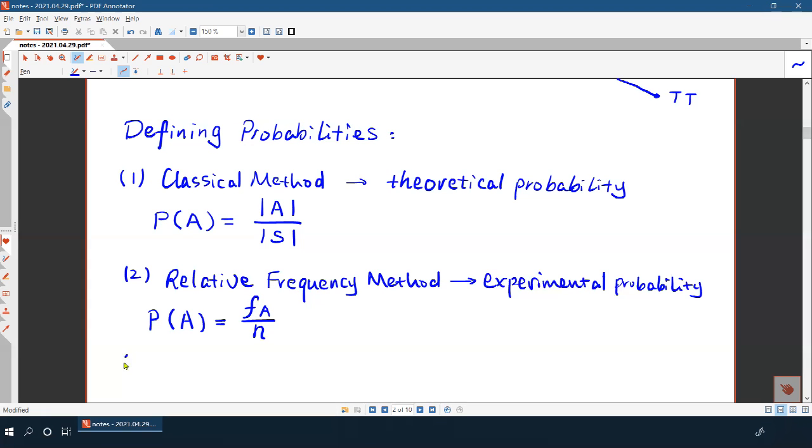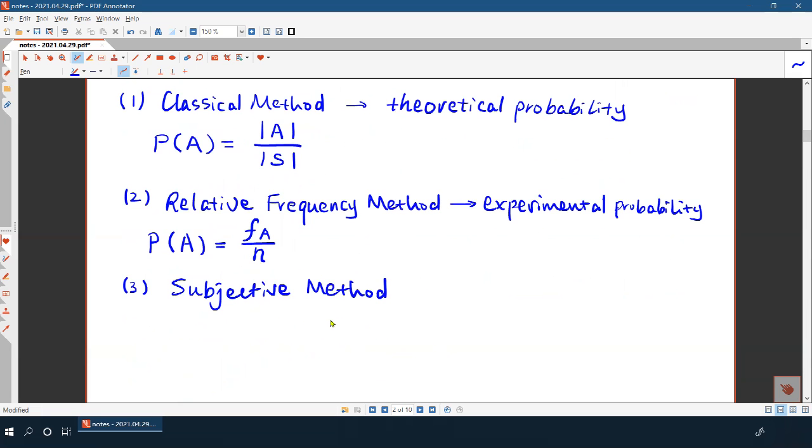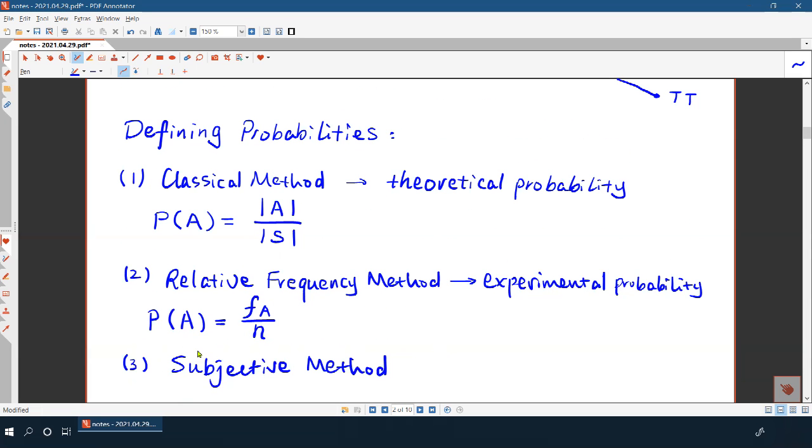Okay, so there is another method called the subjective method. In this method, we estimate the probability of an event based on our past experience and subjective choice.